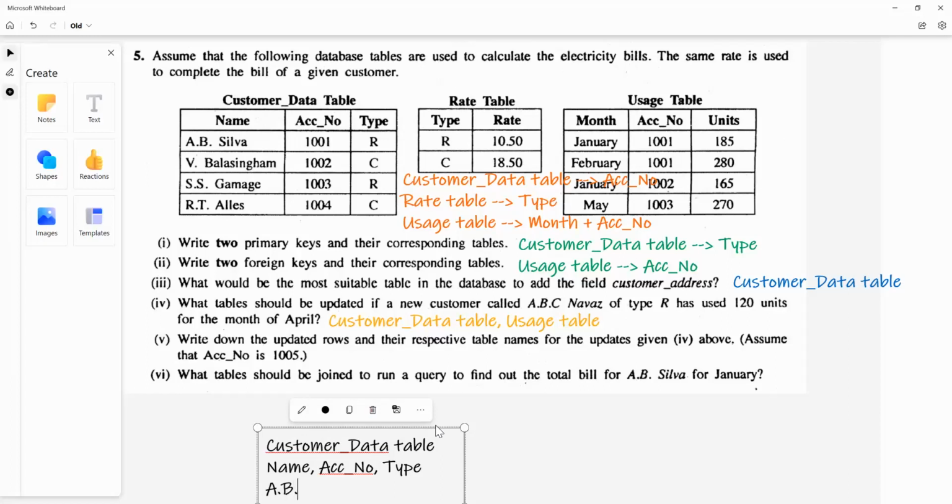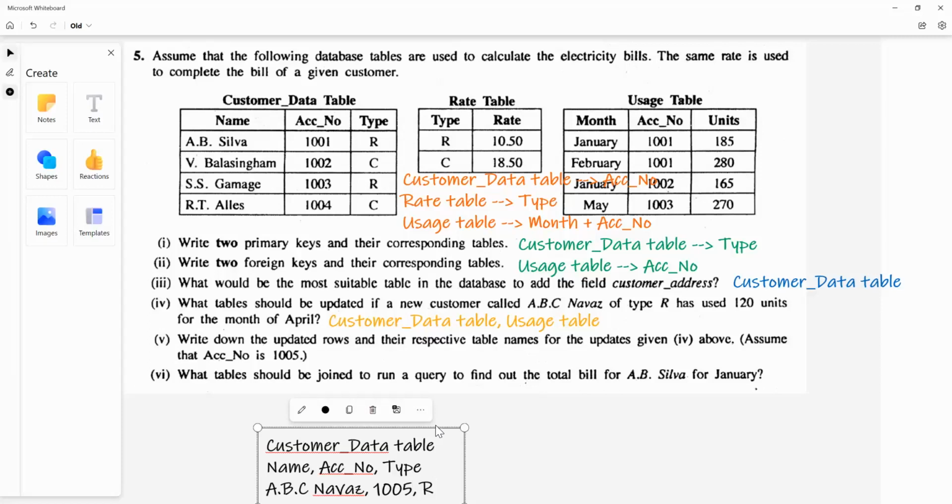We can say ABC Nawaz. And the account number we have given as 1005.